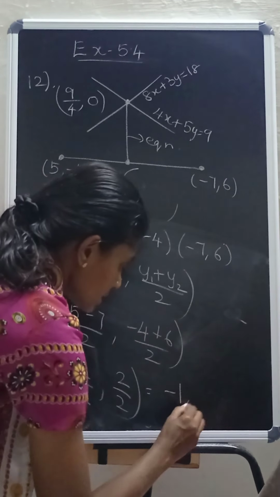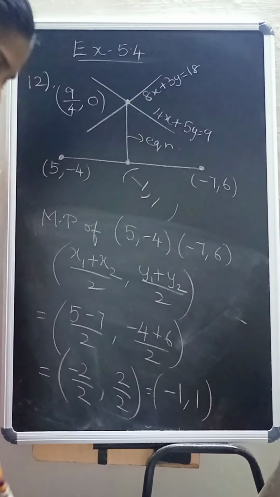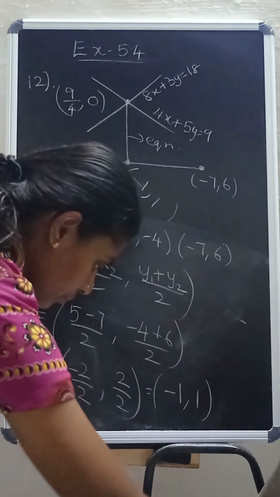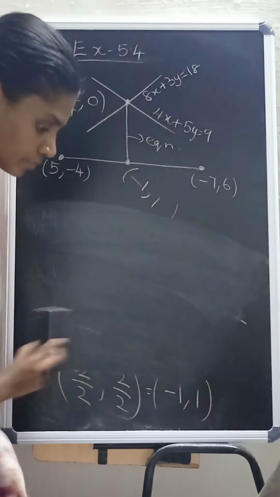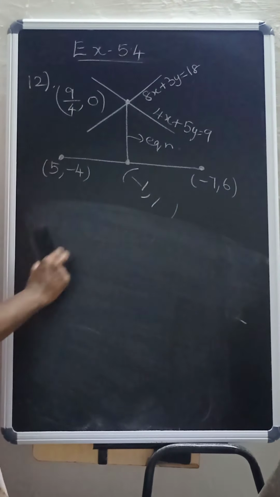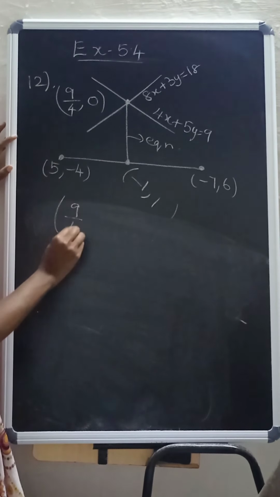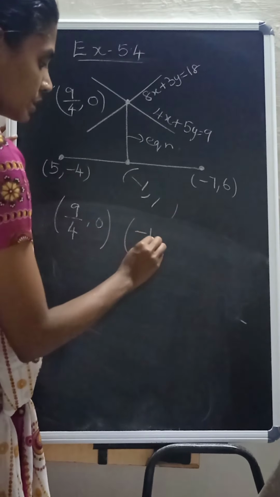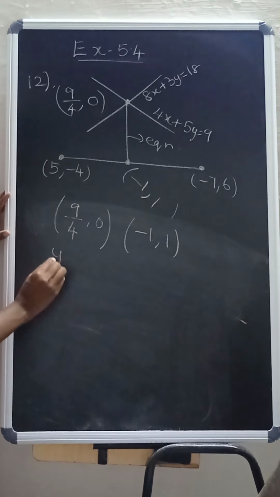Which is equal to minus 1, 1. So this point is minus 1, 1. Now you have 2 points, 9 by 4, 0 and minus 1, 1. Now you need to find the equation of the line passing through these 2 points.